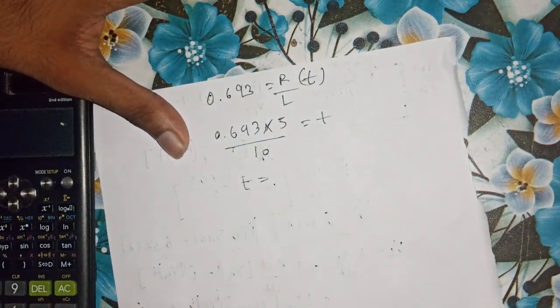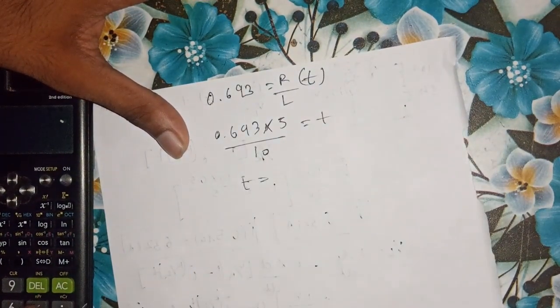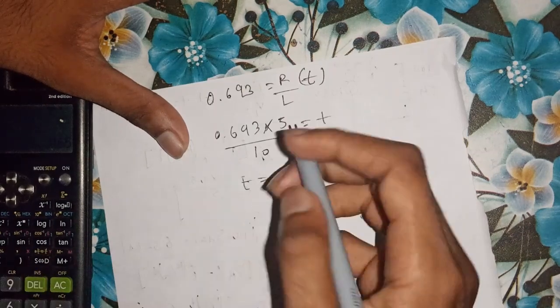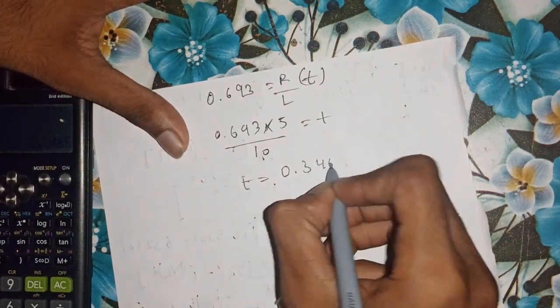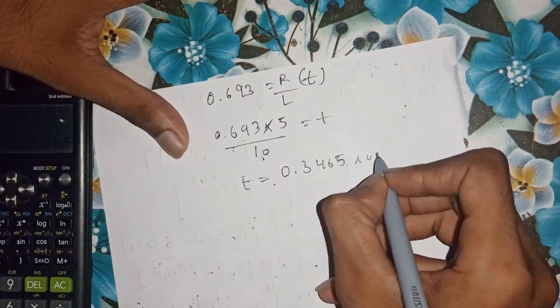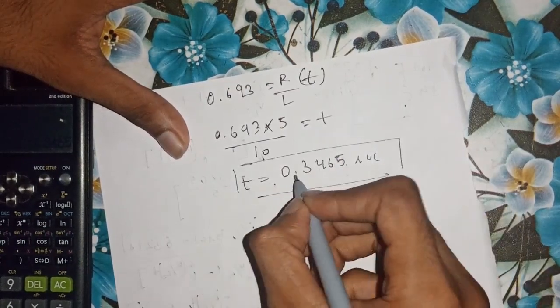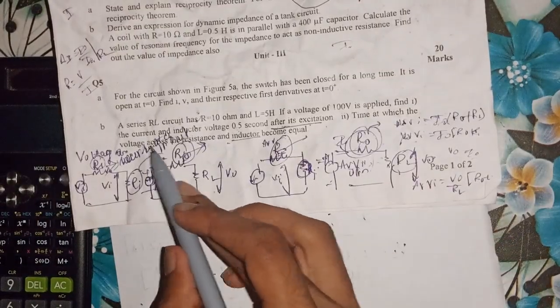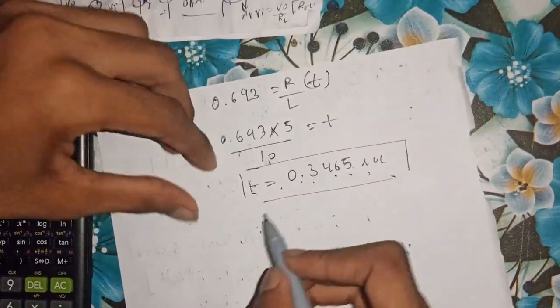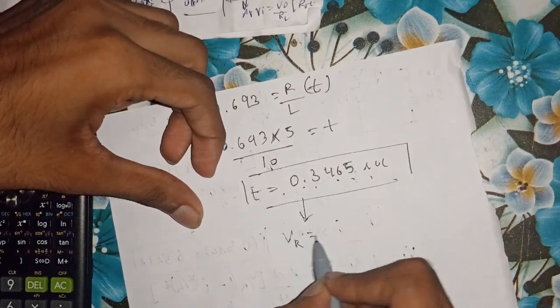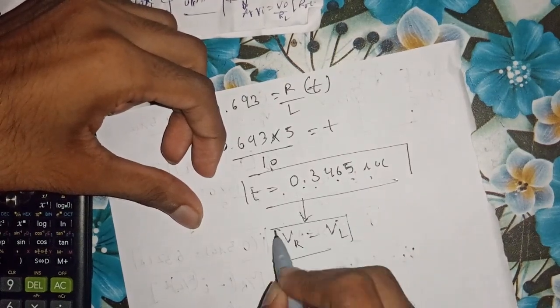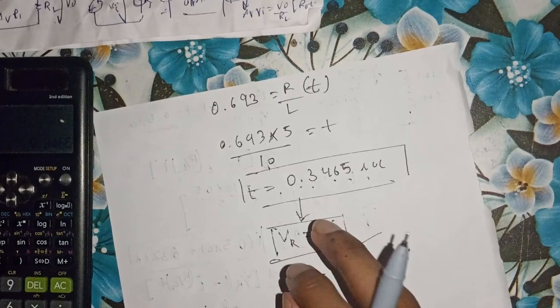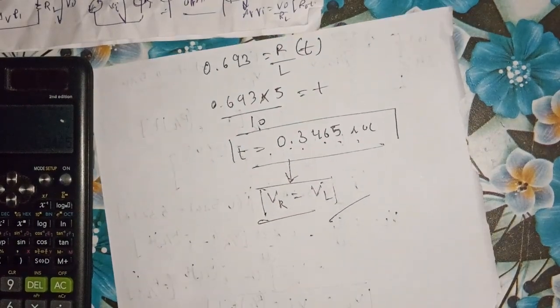So time t will be 0.693 multiplied by 5 divided by 10, which will be 0.3465 seconds. So at time t equal to 0.3465 seconds, your voltage across resistance and inductance becomes equal. At this time, the voltage across resistance becomes equal to the voltage across the inductance. So we have calculated the value of time.